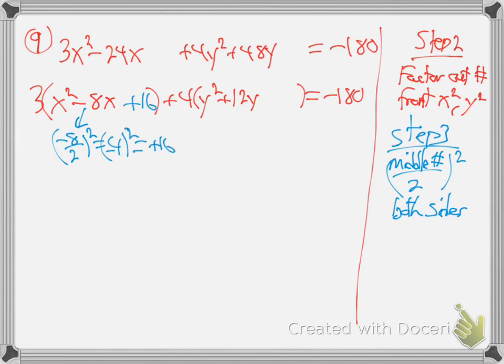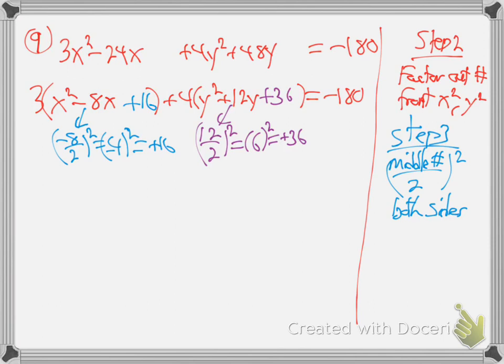So I stick a positive 16 in there. And here the middle number, 12 over 2 squared, which is 6 squared, positive 36. Okay, that's the magic number, the completing the square number.